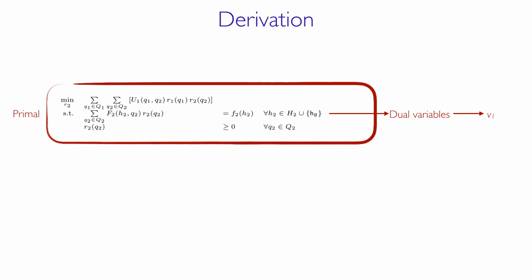So the cardinality is equal to the number of information sets of player 2 plus 1. The meaning of the dual variables v1 is simple. Each v1 is associated with an information set of player 1, and it represents the expected utility of player 1 from that information set to the terminal nodes.